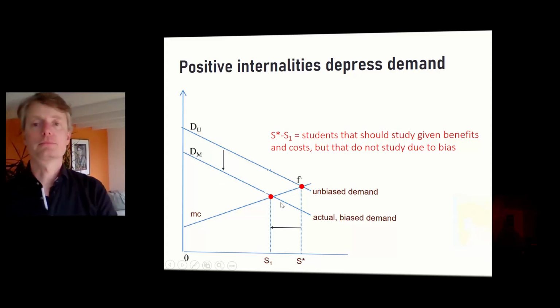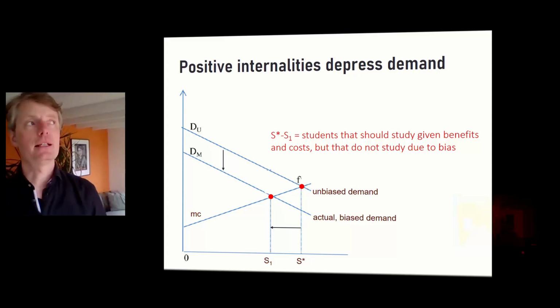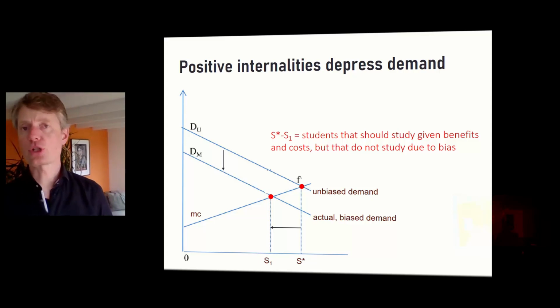So if there is a similar bias for all students, that does not mean that the effect on behavior is also similar for all students, simply because the marginal benefits of studying also differ between students. So some students are at the margin, they only marginally benefit from studying. So when they are exposed to present bias, then they stop studying altogether.